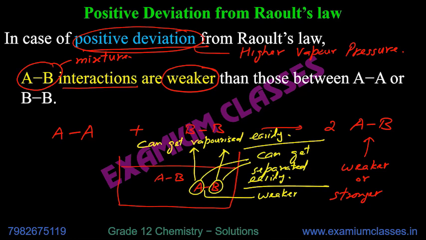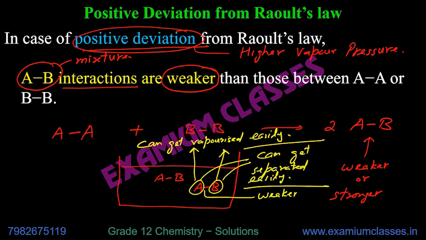All three are interrelated. If the forces of attraction are weaker, the A and B molecules can get separated easily with less energy. If they can get separated easily, they can get vaporized easily because they are not attached to one another. They are free.